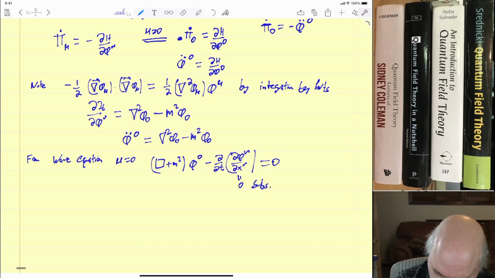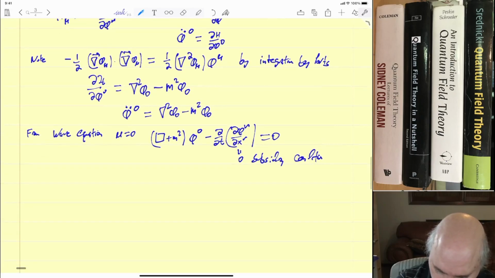That subsidiary condition. And so this equation is just phi double dot 0 minus del squared phi 0 plus m squared phi 0 equal to 0.